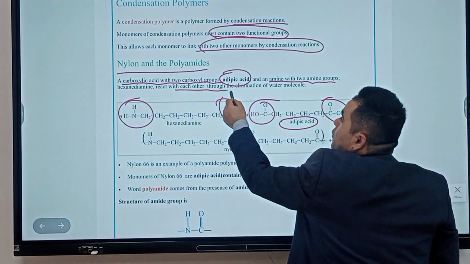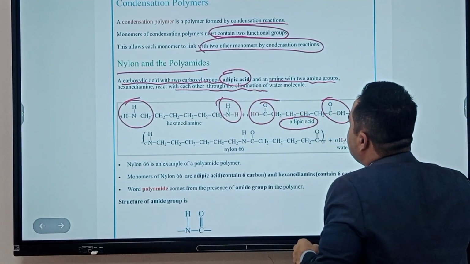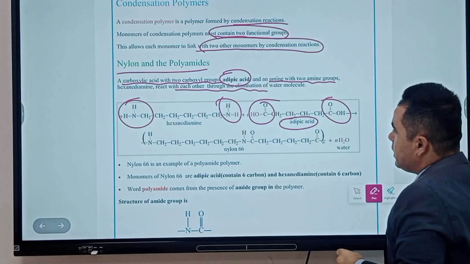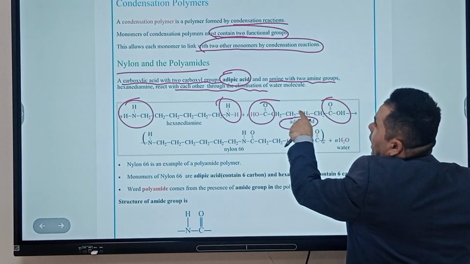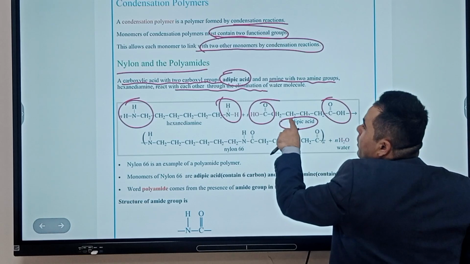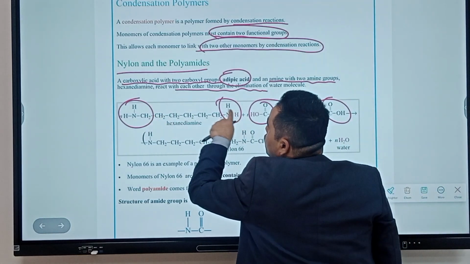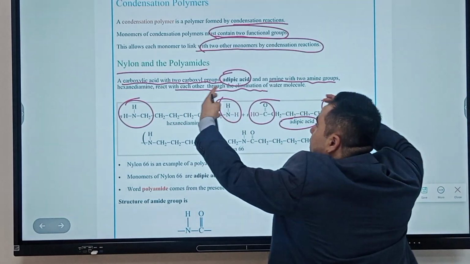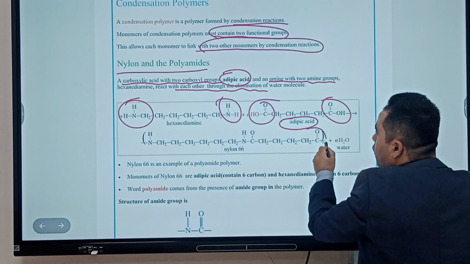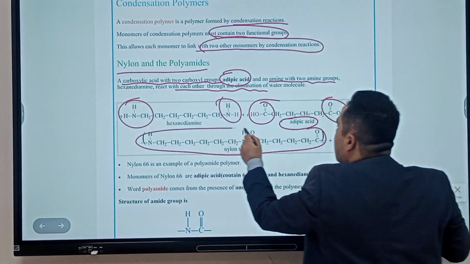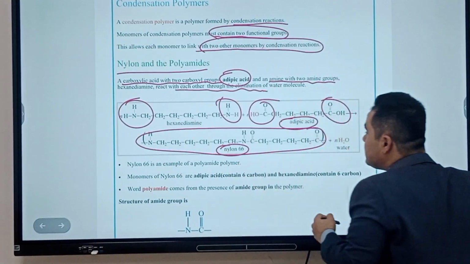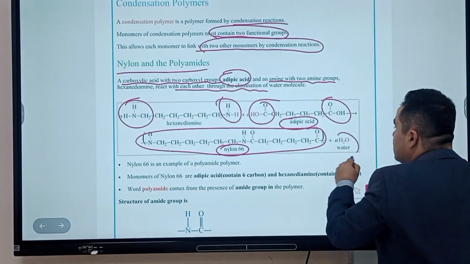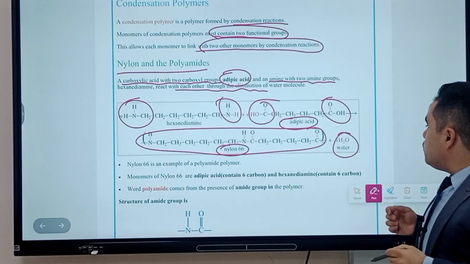They react with each other through the elimination of water molecules. When adipic acid with two carboxyl groups reacts with the amine with two amine groups, they form a longer structure we call nylon 66, and produce water.